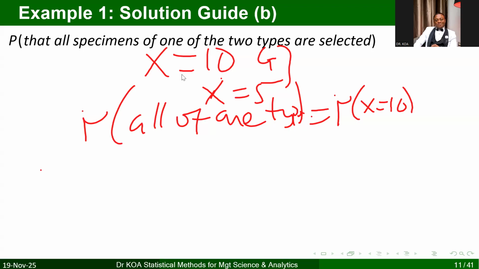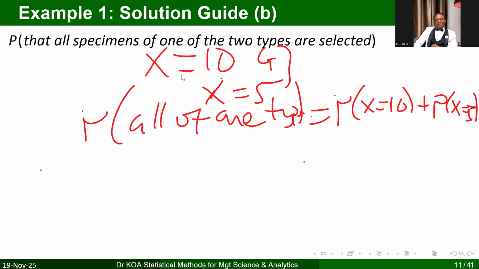We calculate the probability that X is equal to 10. Then we add the probability that X is equal to 5, provided that the basalt is 10. So what you are seeing here is for granite. If all of granite are selected, we have 10. We finished. Granite is actually 10. If all of basalt are selected, what is left is granite, so granite is 5.